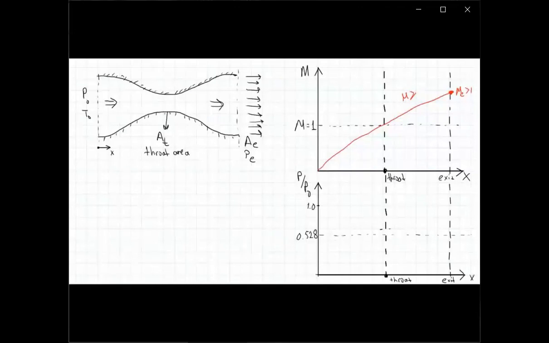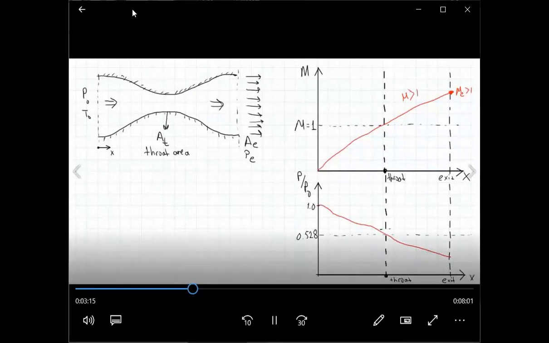We have the corresponding pressure distribution, something like this. Of course, these sketches are just representative.